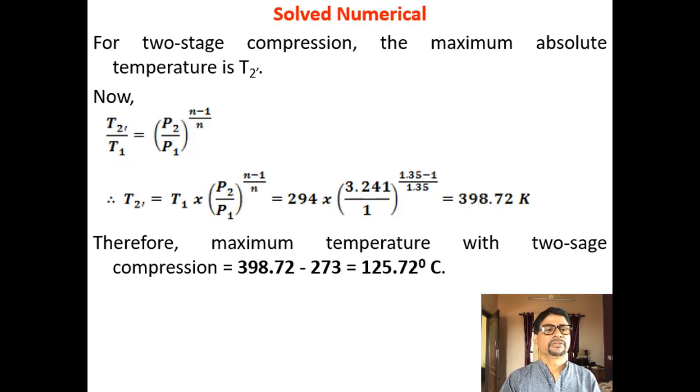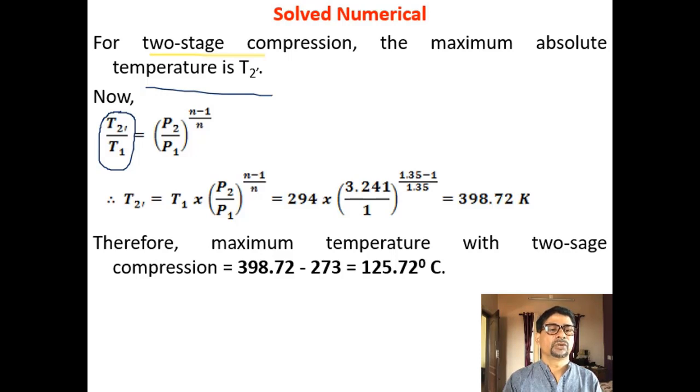Now let us find out the maximum absolute temperature for two-stage compression. Let it be T2 dash, because from the PV diagram for two-stage compression, 1 to 2 dash is the first stage, 2 to 3 is the second stage. So 2 dash is the temperature at the end of the first stage compression, which is in fact the maximum temperature. So T2 dash by T1 is equal to P2 by P1 to the power n minus 1 by n.